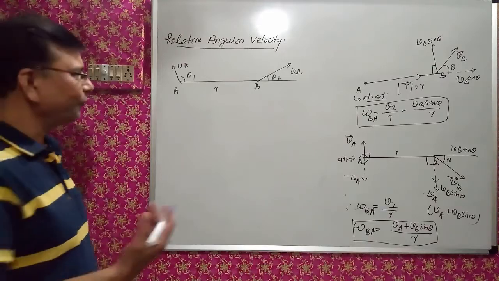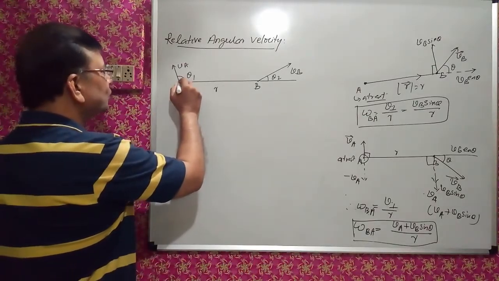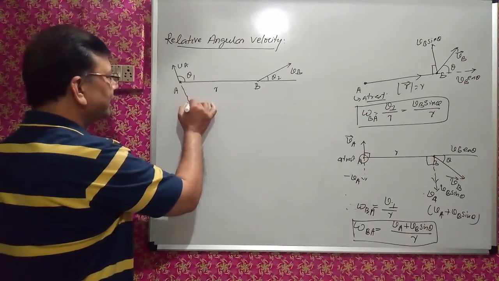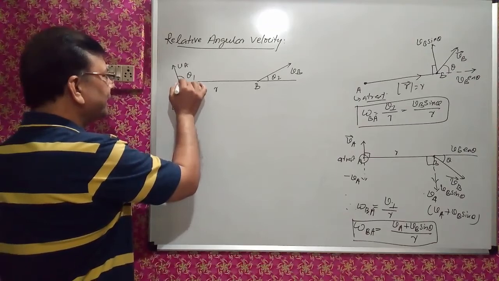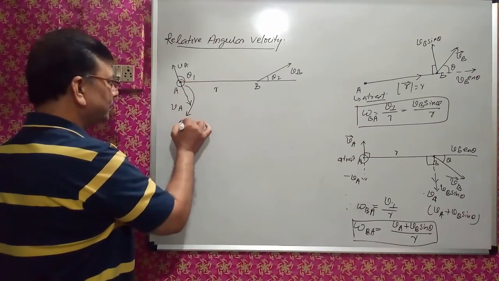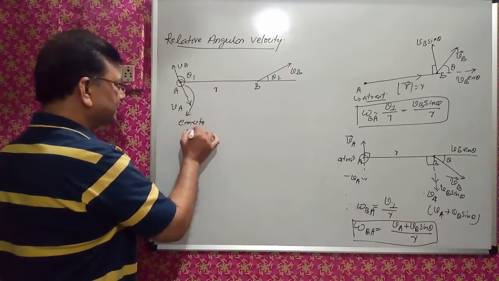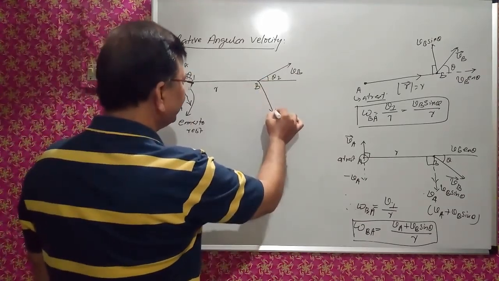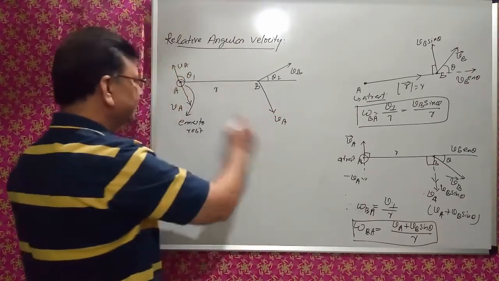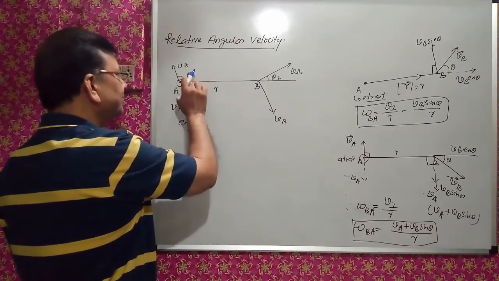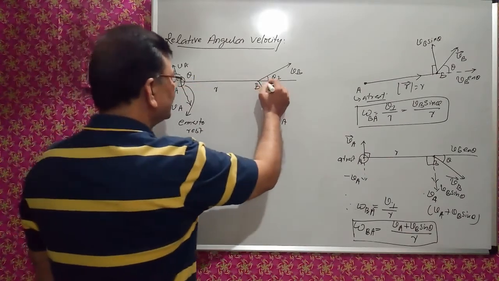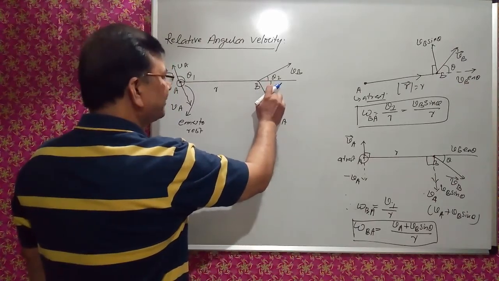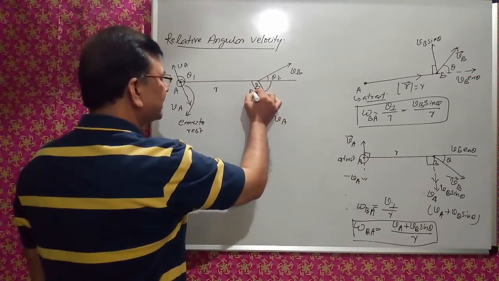In the same fashion, vector component we will be taking. So just opposite direction, VA velocity is given, and this comes to rest. Opposite velocity, same velocity will have to be given over here also. Same angle. We suppose it theta 1, 180 minus theta 1. So this angle also it will be 180 minus theta 1. So this will be theta 1.